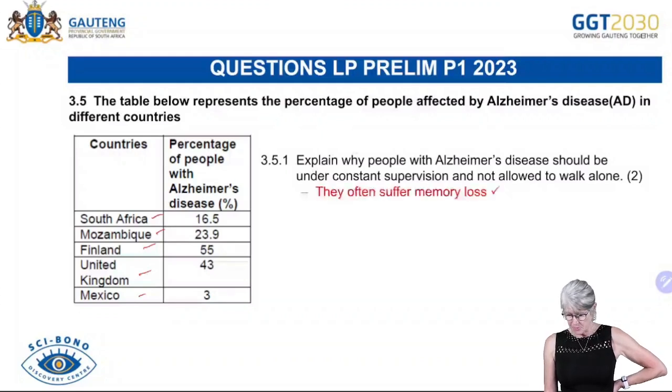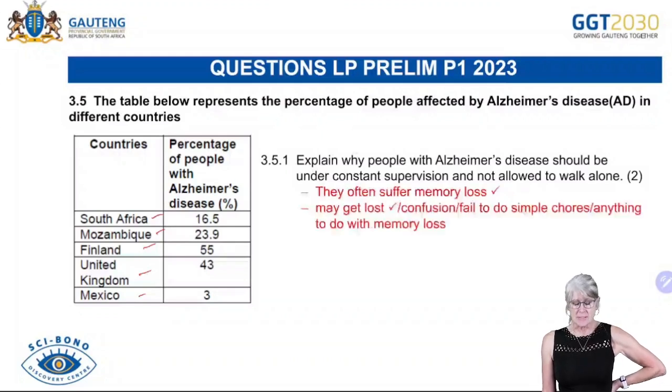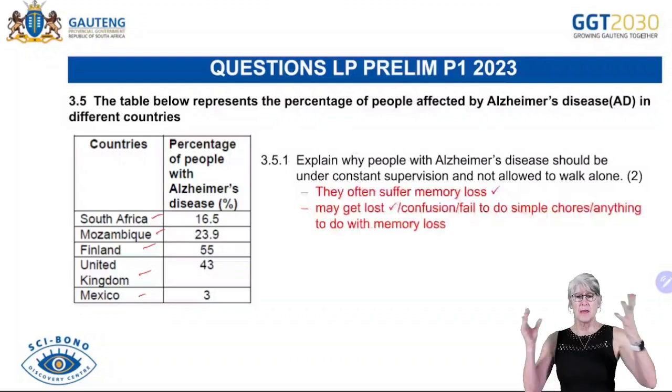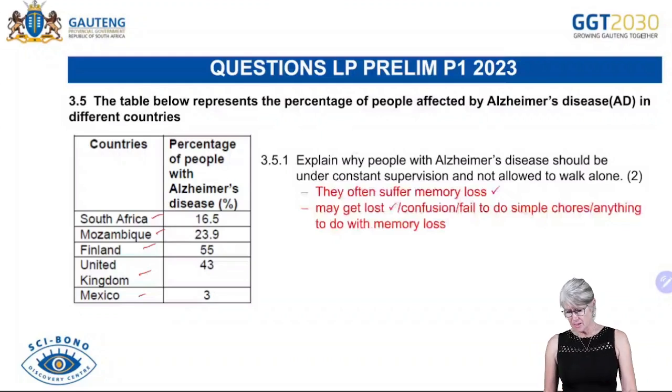They often suffer from memory loss, and they can get lost. They are unable to do simple chores. They don't know who they are very often, or who their family is. They forget. So this is why Alzheimer's patients are usually unable to function independently, and very often they need care.